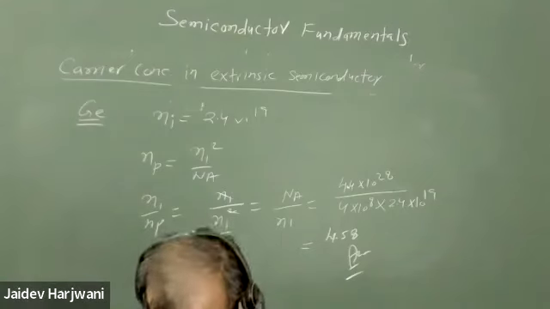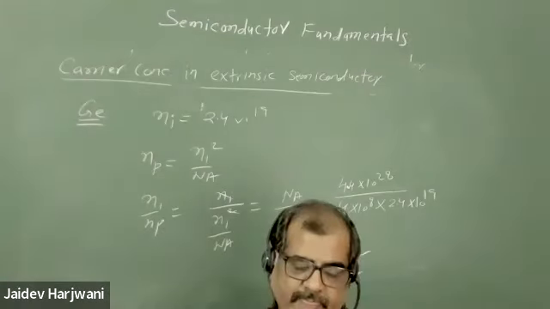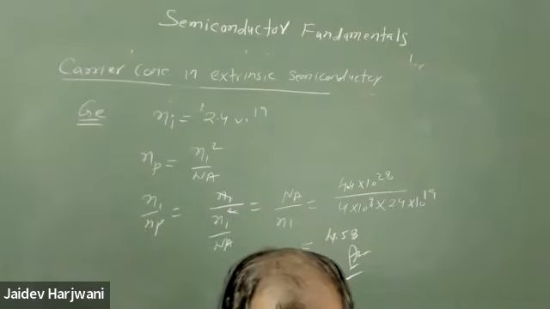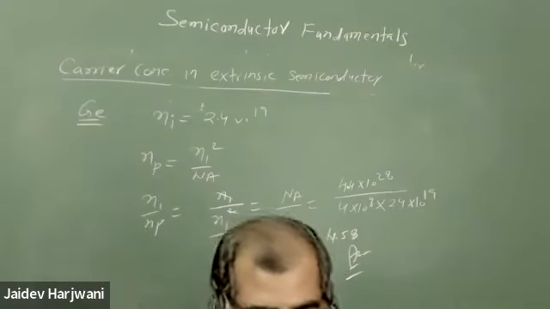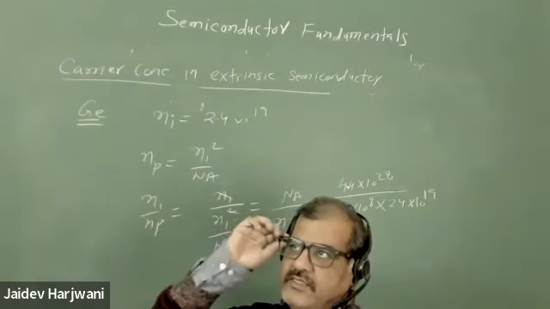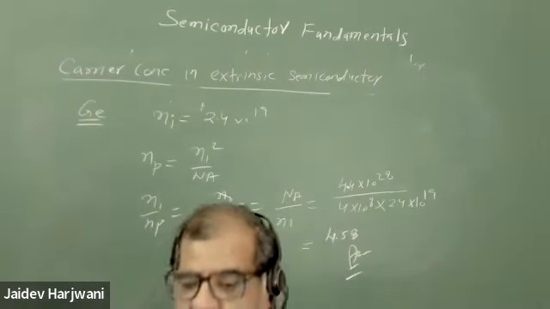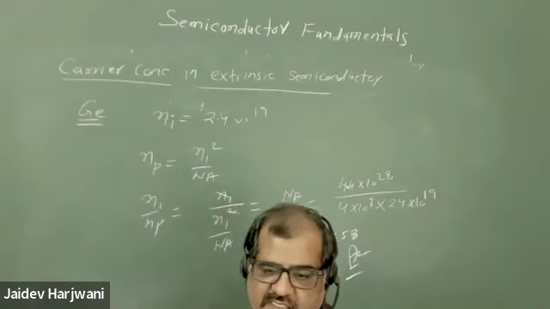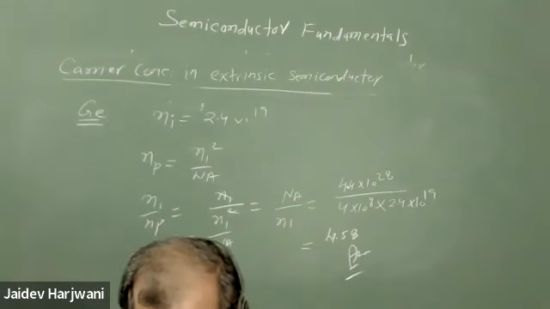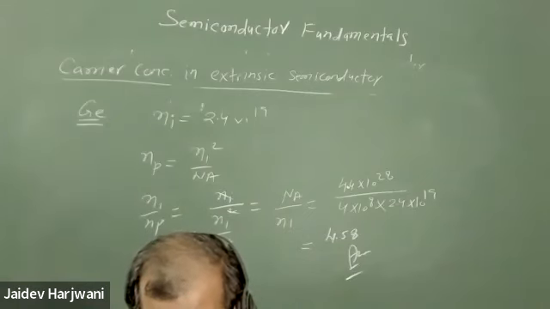For the moment we are not doing that derivation, we are not going to that much depth. Just remember that the law of mass action is valid for extrinsic semiconductors also. We can derive this also, and if you want I can send you the derivation.